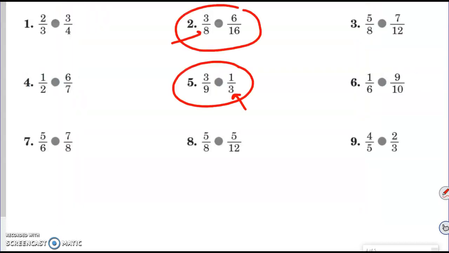So let me go back to this slide. I mentioned numbers 2 and 5. Those would be very, very simple to do with the least common denominator method because I'm only changing one fraction. For these other problems where I might have to change both of the fractions, maybe you would choose cross multiplying as a better way to solve the problem because it might be a little less work.